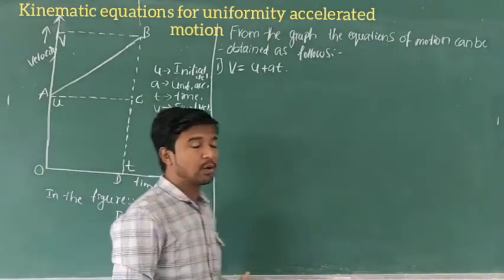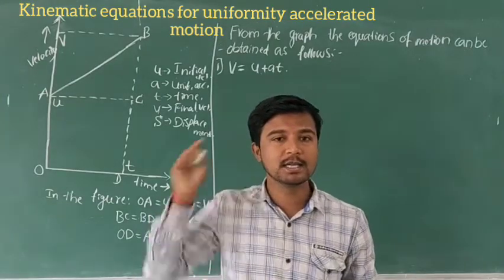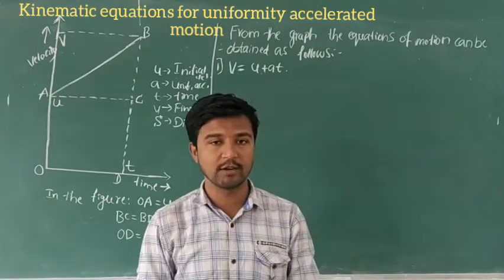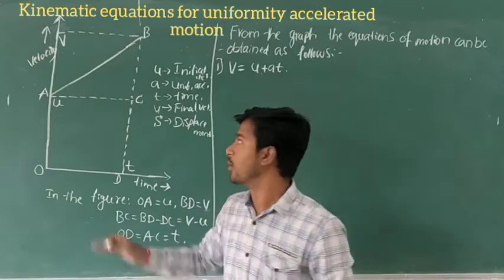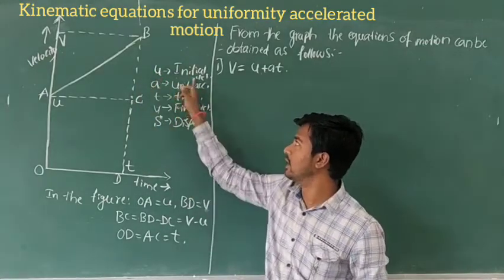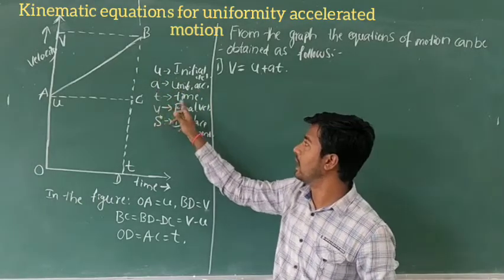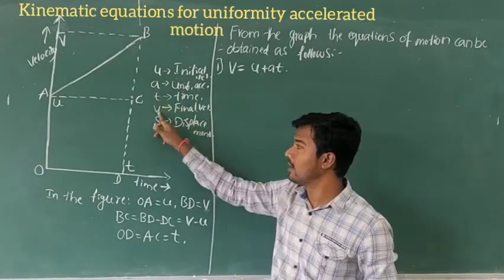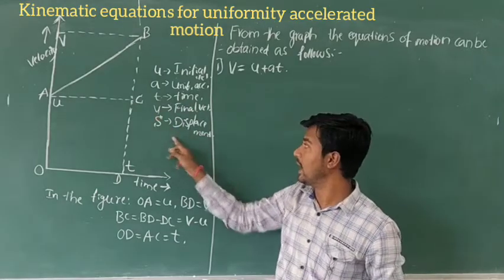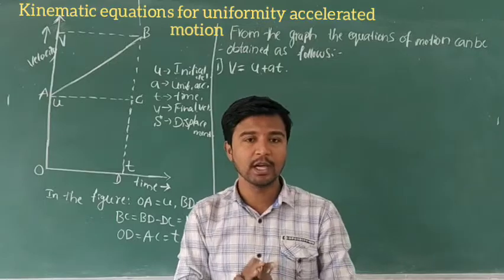Let me explain what terms came in these kinematic equations of uniformly accelerated motion. These terms are the most important: initial velocity u, uniform acceleration a, the time interval t, the final velocity v, and the displacement covered by the body, s.